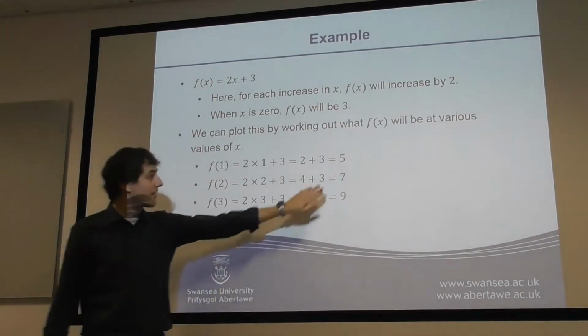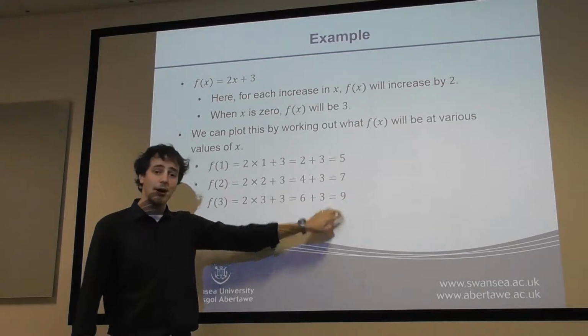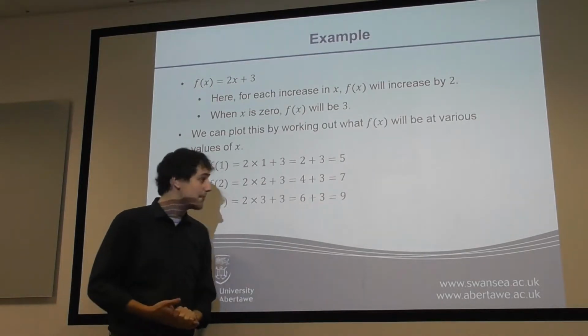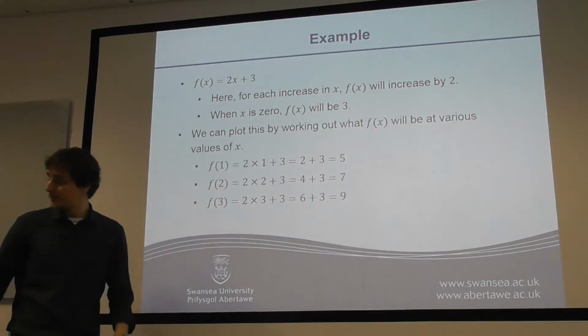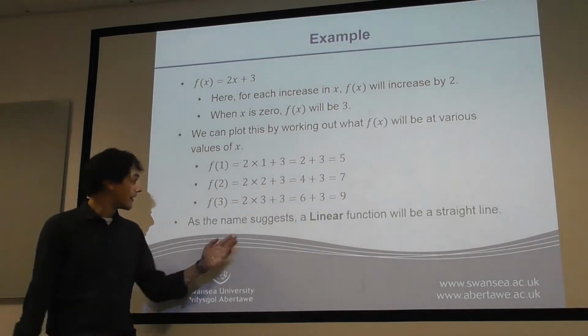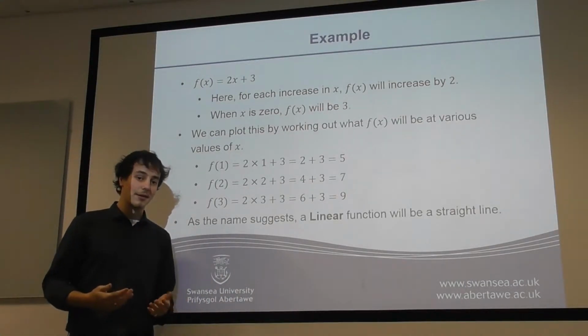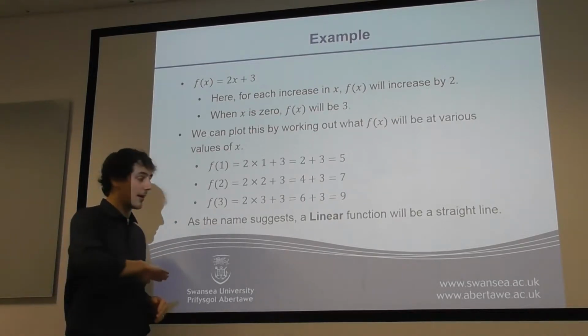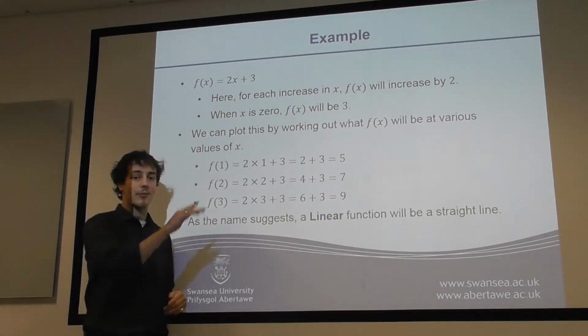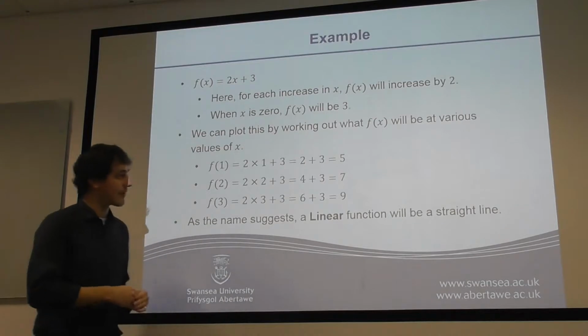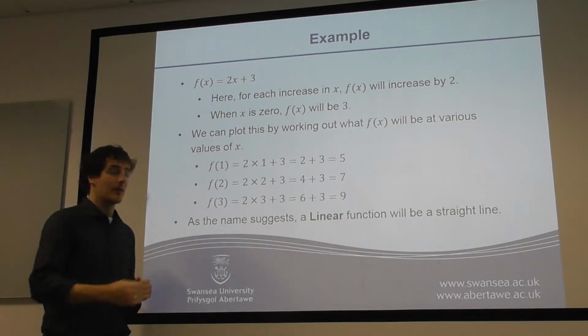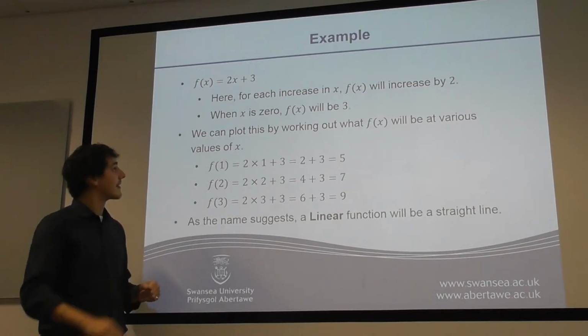So you can see a pattern here: 5, 7, 9. It's increasing by 2 every time. And that makes sense because, as the name suggests, a linear function will be a straight line. So what we're going to get is a line that increases by 2 each time for each extra unit of x, and it will cross the y-axis at 3.